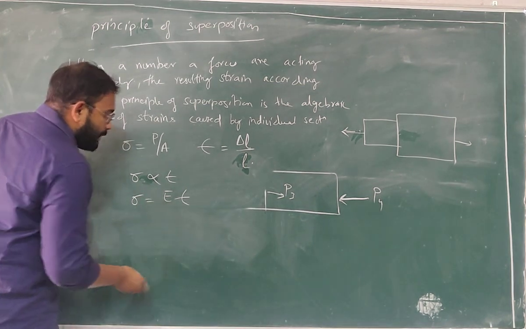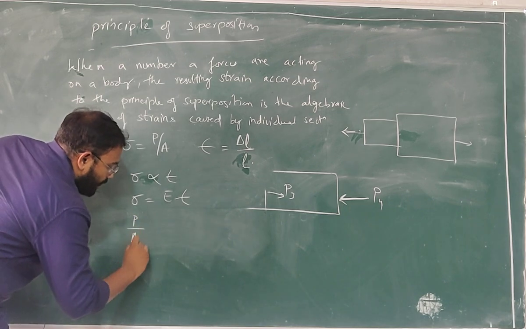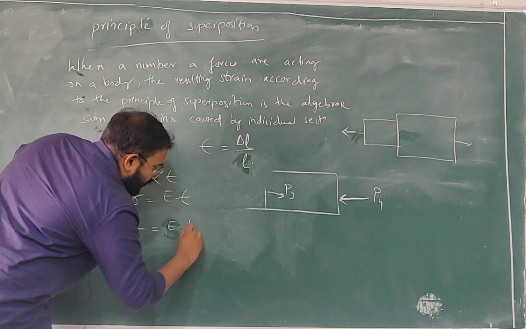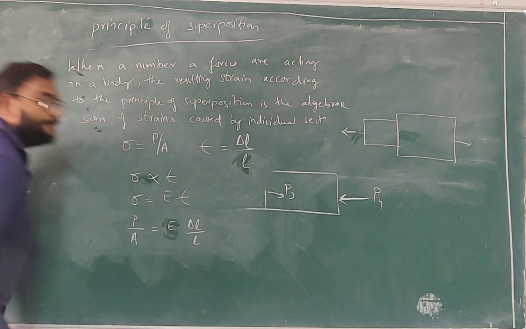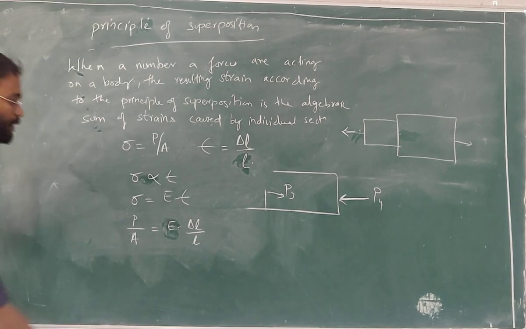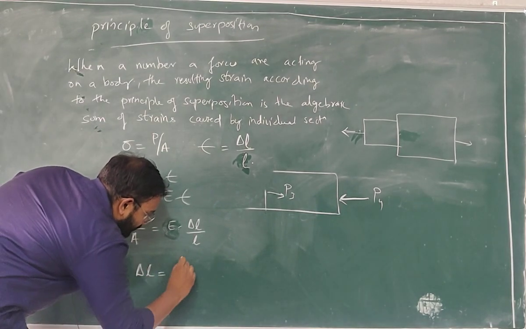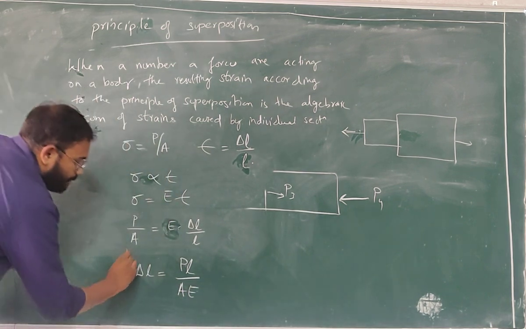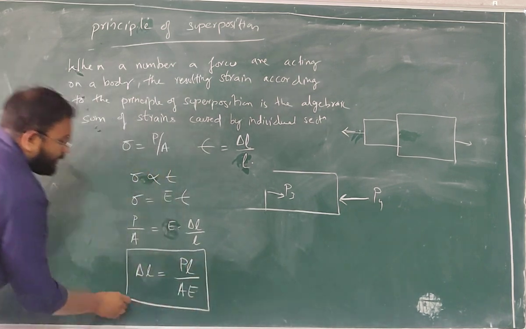If I substitute the values of stress and strain, load by area is equal to capital E multiplied by delta L by L. Now what is delta L from this? PL by AE. So PL by AE is the change in length.